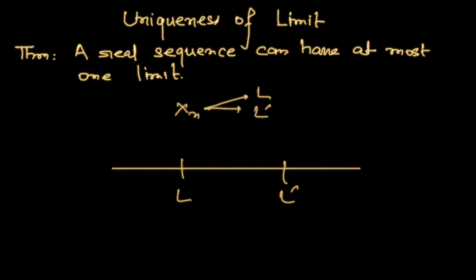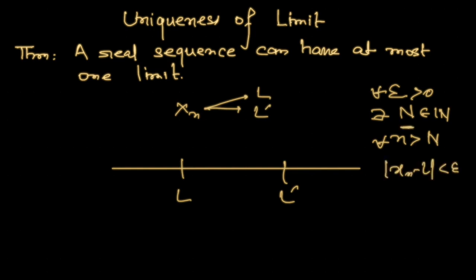That for all epsilon there exists a natural number N such that for all n greater than N, the terms after that will be at a distance at most epsilon from L.